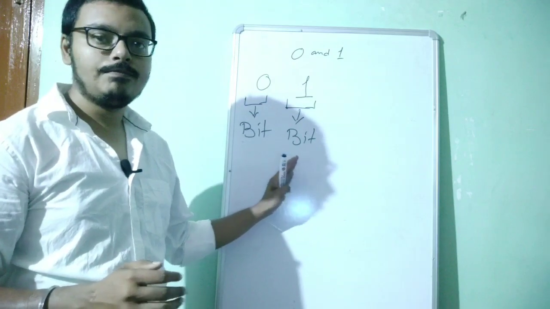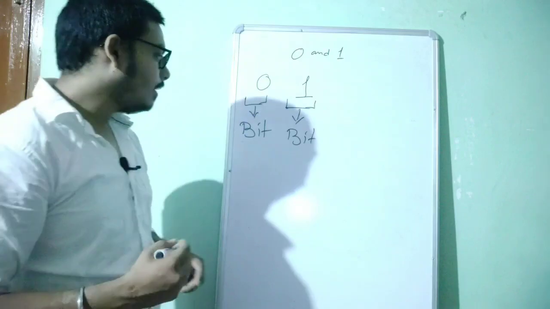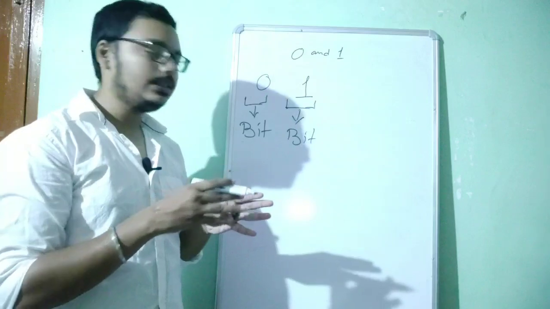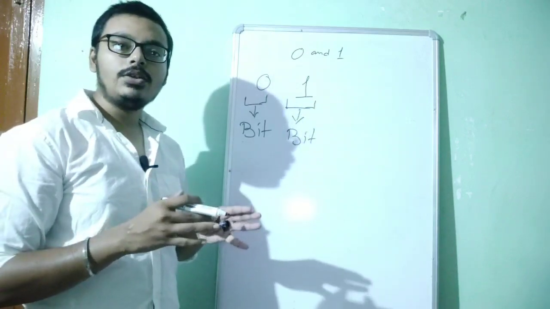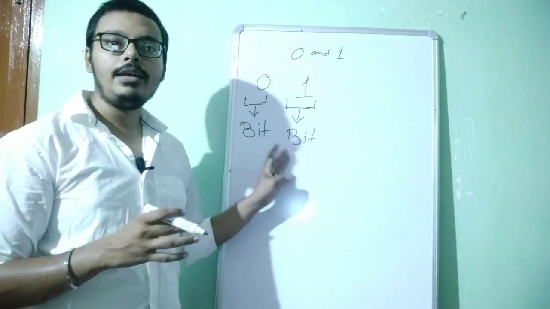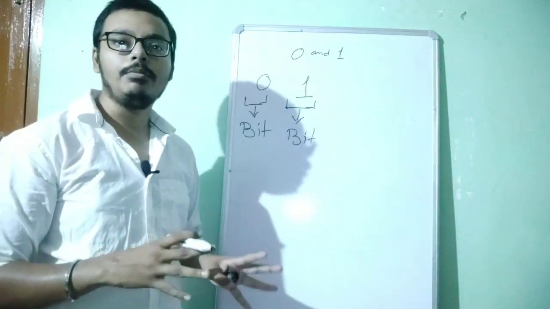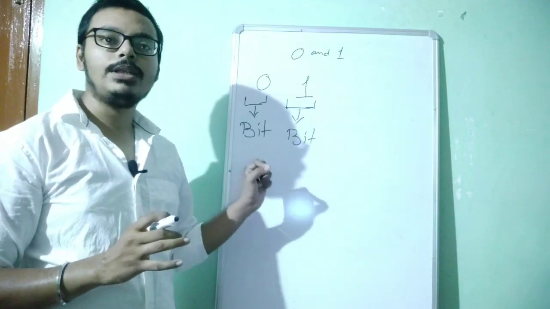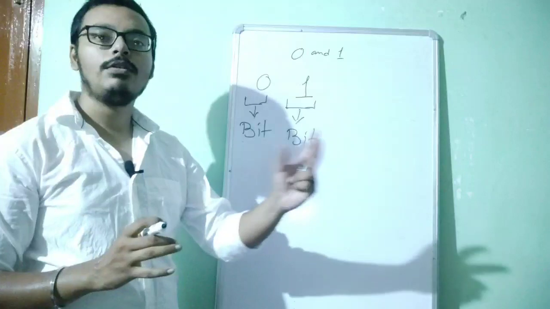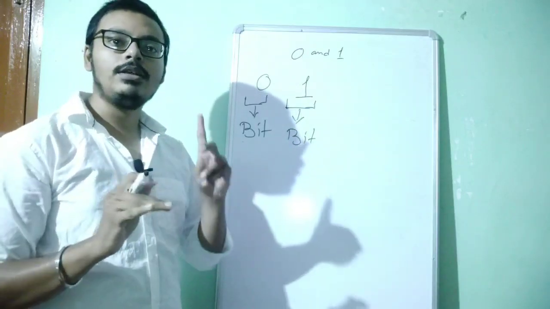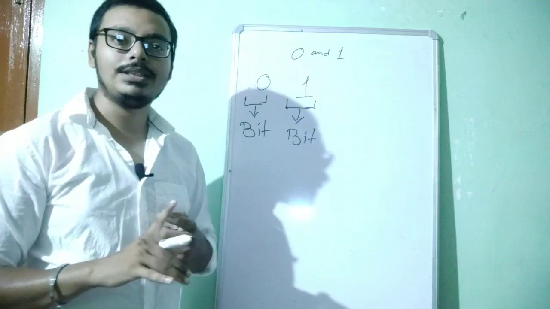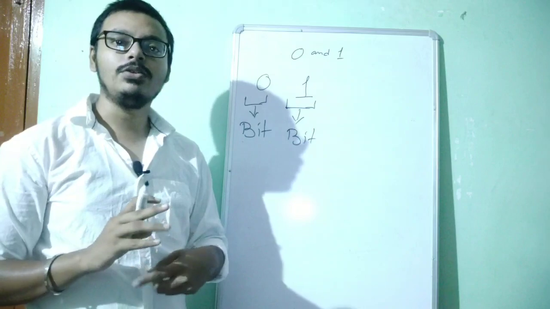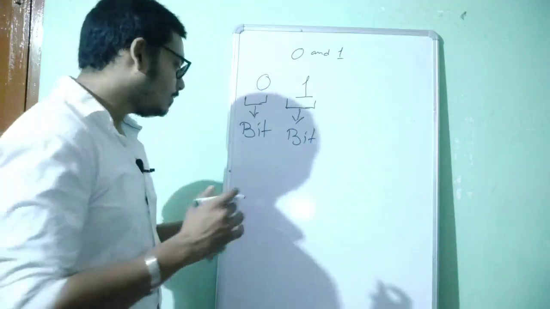All right, so remember, every piece of information in a computer is a combination of 8 bits or a multiple of 8 bits. That means a single piece of information or instruction can be represented by 8 bits or a multiple of 8 bits, that is 16, 32, 64.